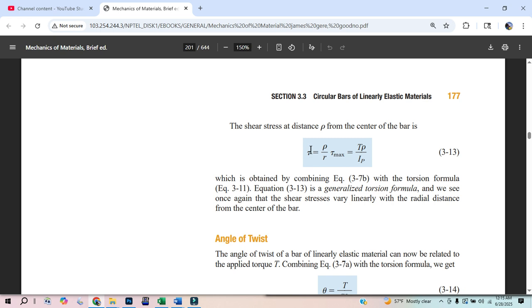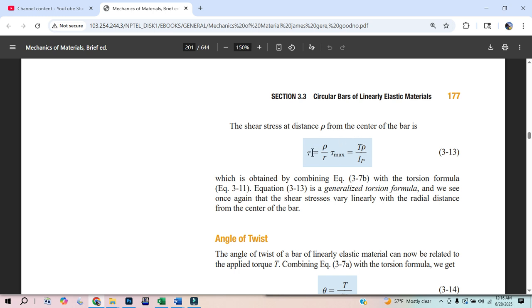So you have this idea that the shear at any radial distance is just that radial distance divided by the actual radius of the cylinder times T max. So here's our equation as well. Instead of T max is equal to the torque times the radius, we want to know the stress at any distance. And you can still see it's just linear, that never changed.